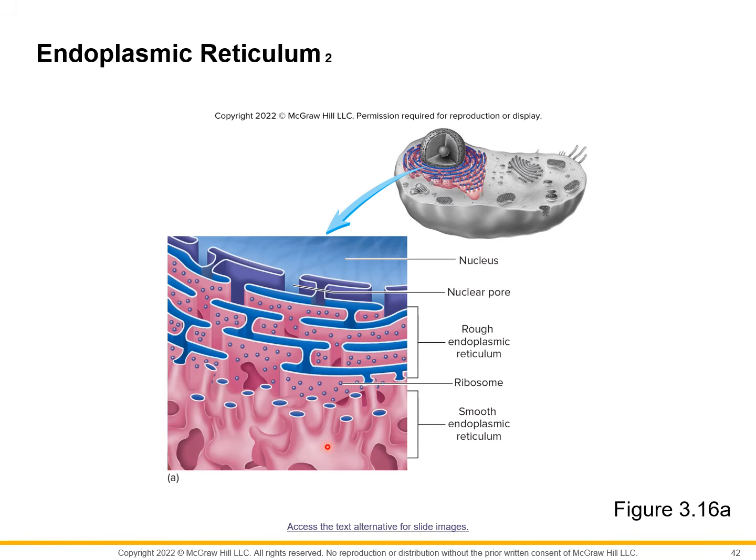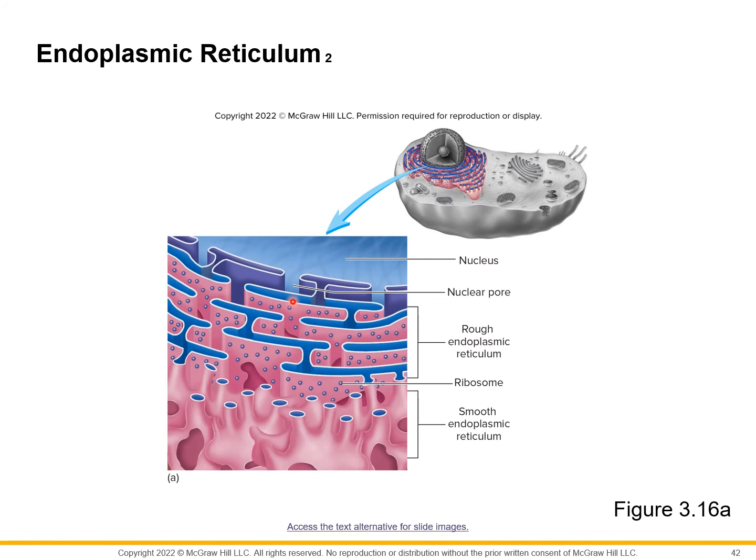Dito po, they would be doing other things, which again would include lipid synthesis, cellular detoxification, or kung ito ay skeletal muscle cell, then they may store calcium ions within this area. Okay, ulitin po natin.